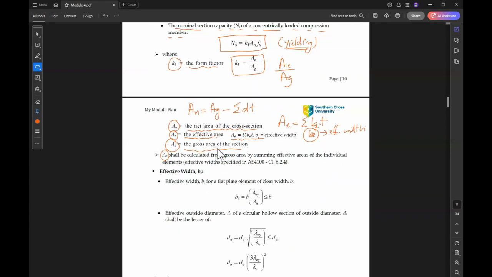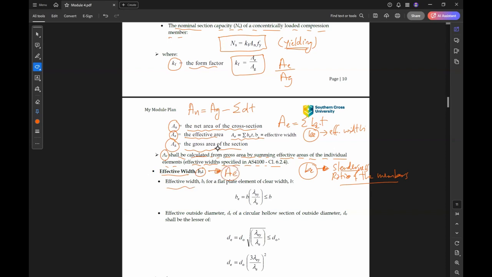Area E shall be calculated from the gross area by summing the effective areas of the individual elements as specified by clause 6.2.4. So here, B effective is calculated based on the slenderness ratio of the members. So we need to find the effective width to find the effective area AE.